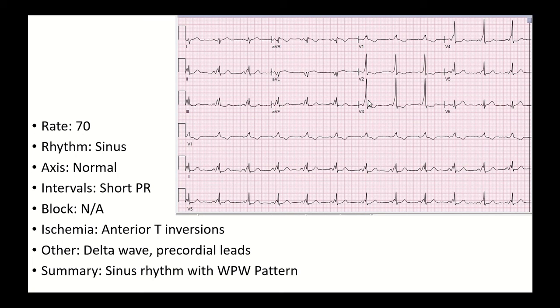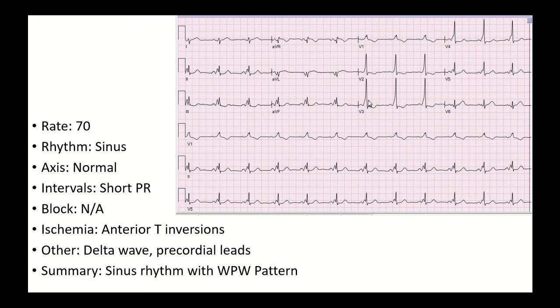So that would be a dangerous thing if that was to happen. I mean, anytime somebody's got a repeating or a reentry phenomenon in the atria, it could generate a Wolff-Parkinson-White syndrome.